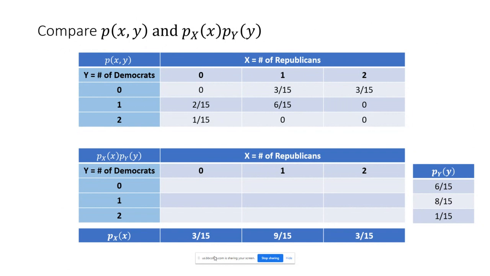You can start by making an empty table with the marginal probabilities shown along the edges, and then just start taking the product of the probabilities in each row and each column. So for example, in the upper left-hand corner for X equal to 0, Y equal to 0, we would have 3/15 times 6/15.